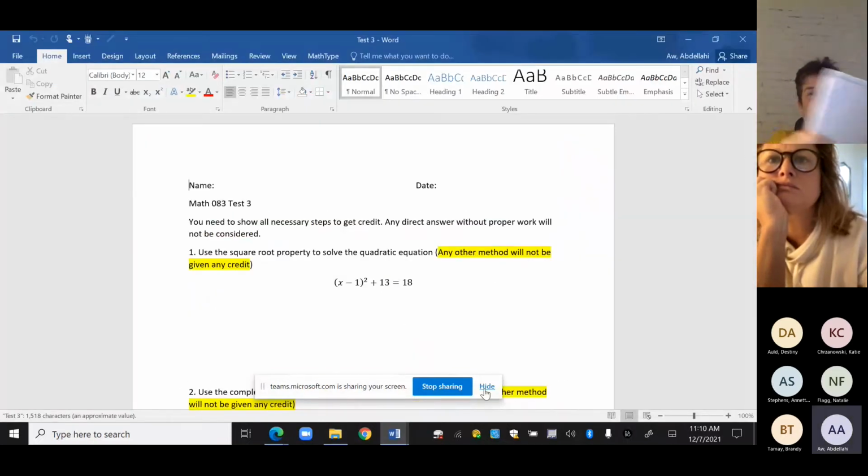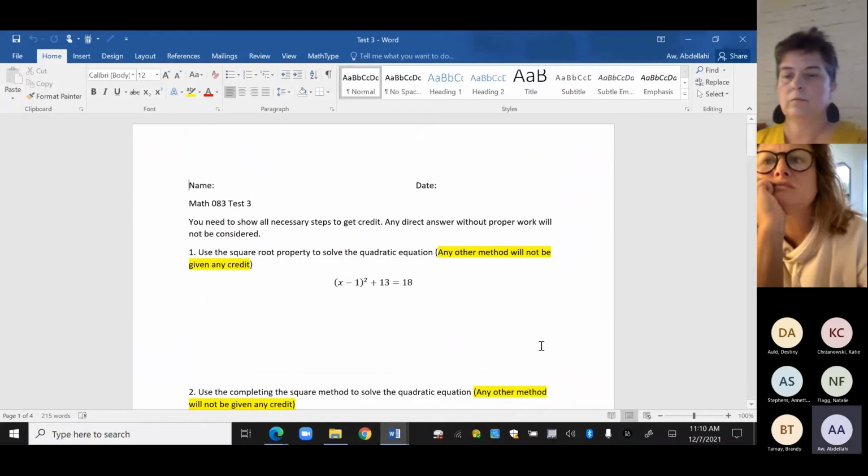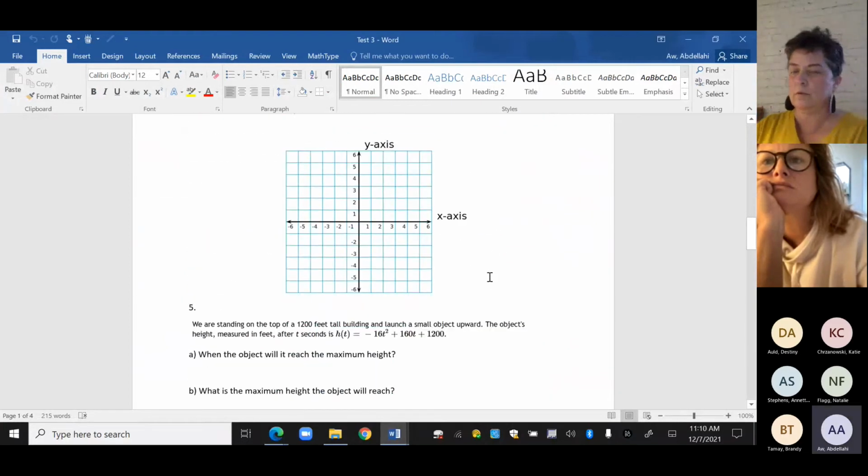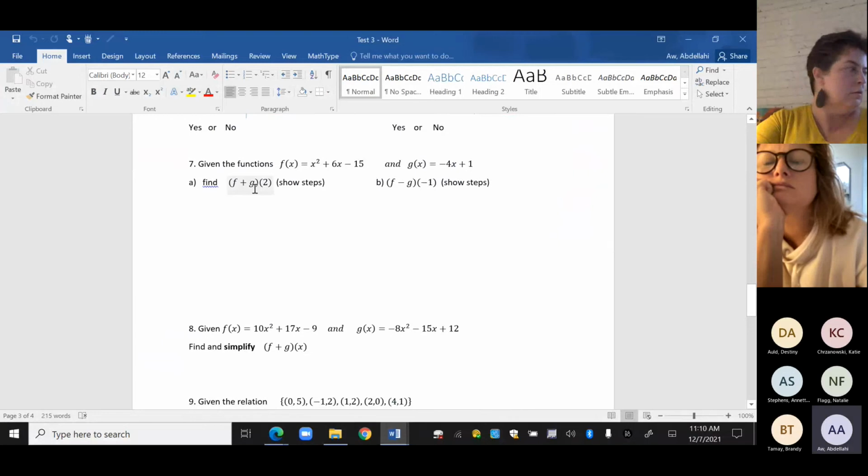For instance, if you take that right here, what is f plus g of 2?